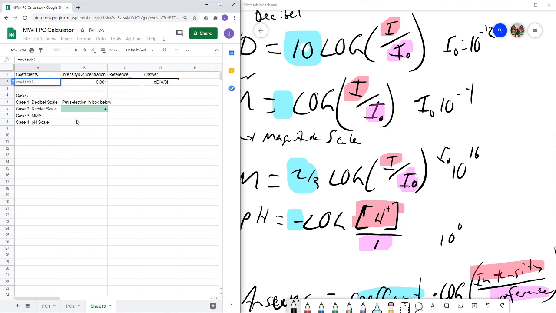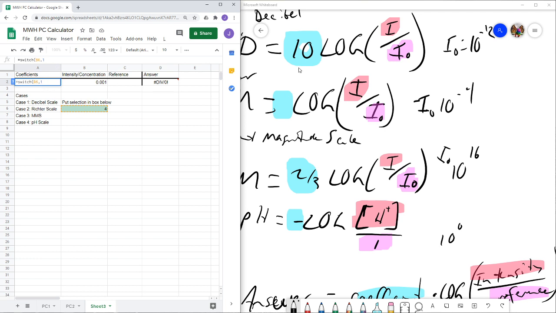Now what we want to do is test, this is cell B, or column B, row 6, so we want to test B6. So our switch is going to look at this one cell right here, and then what we want to do is when it's case 1, we're working on the coefficients.